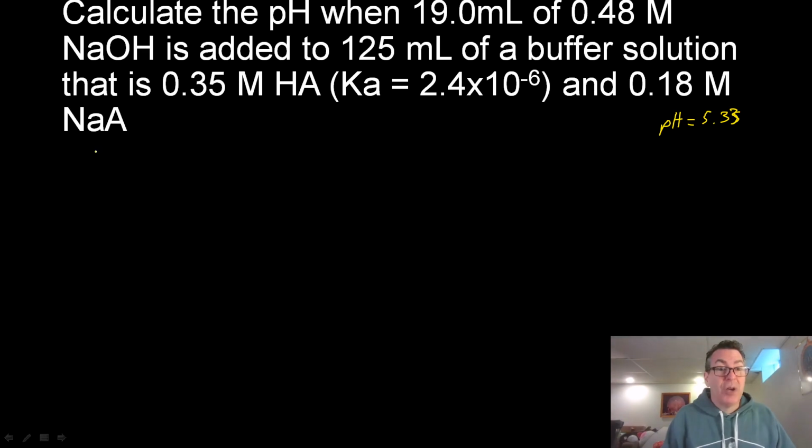Let's see what happens. Let's start with the reaction. So again, start with what you're adding into that buffer system. It's the strong base. So here, which part of the buffer? We've got 2 things to choose from. We've got the weak acid component or the conjugate base component. We're adding a base in, that's sodium hydroxide.